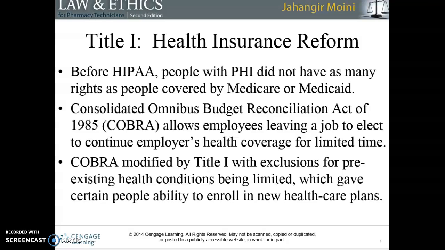It was health insurance reform, making sure that when someone left a job, they could continue that health coverage for a certain amount of time. Then Title I of HIPAA was a modification of COBRA, giving things like exclusions for pre-existing conditions, ability to enroll in new plans, and things like that.